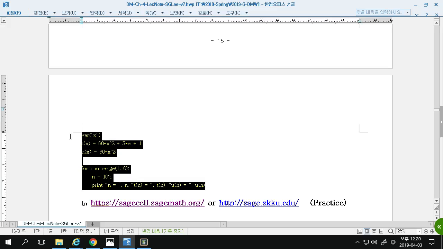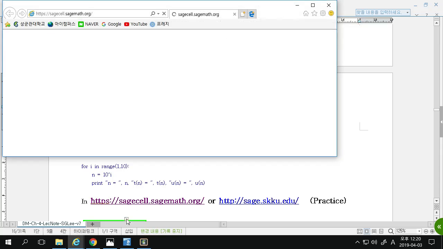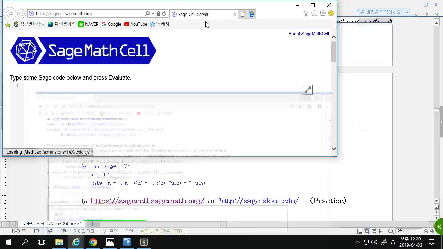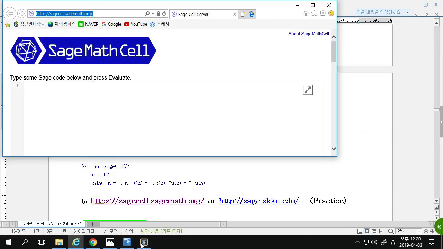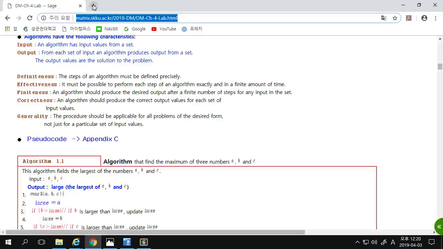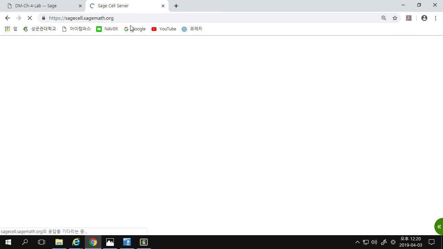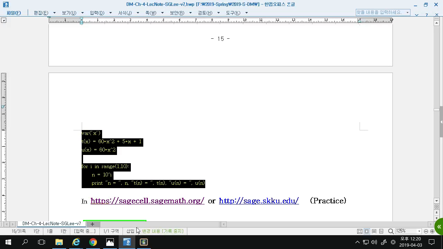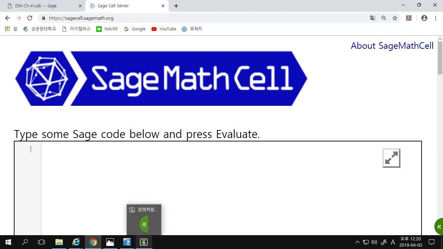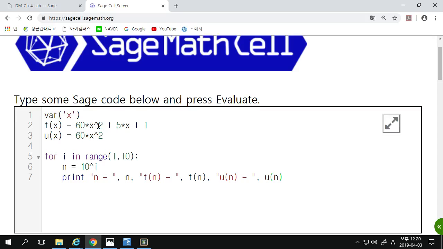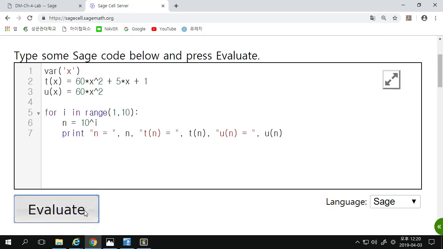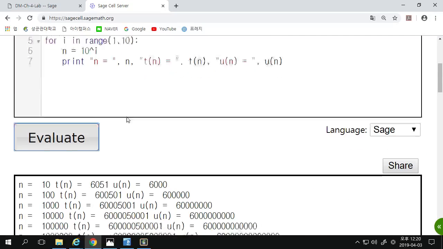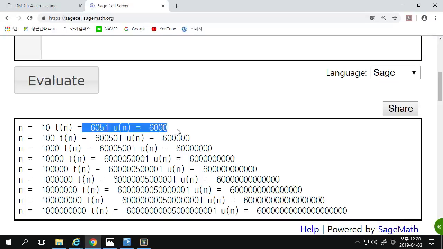We can check those. If you compute 60 times n squared plus 1 and just 60 times n squared, let's compare these. As n goes big, the difference was 51 here.